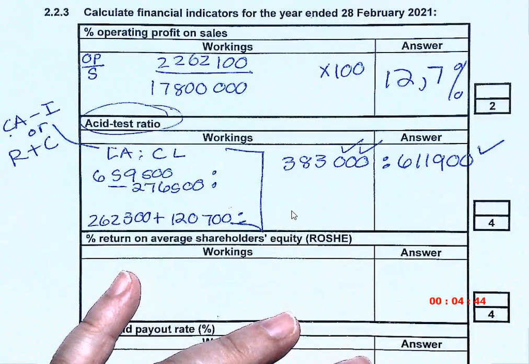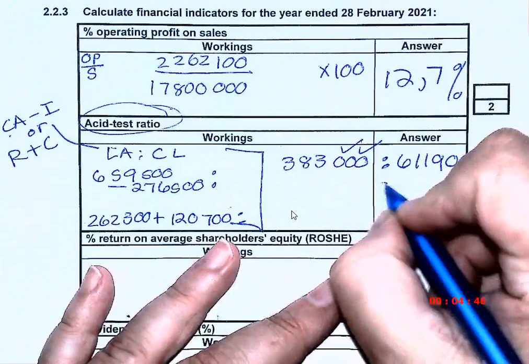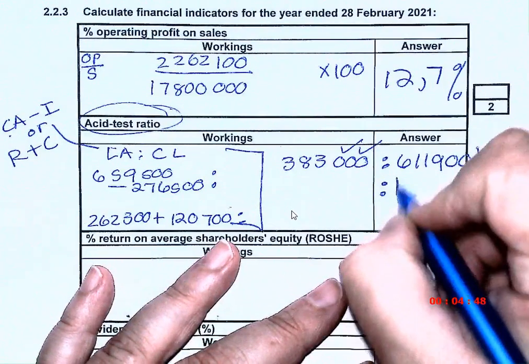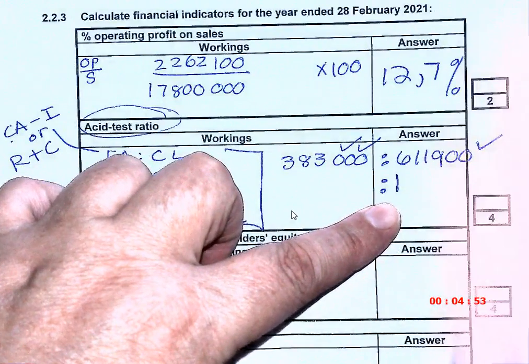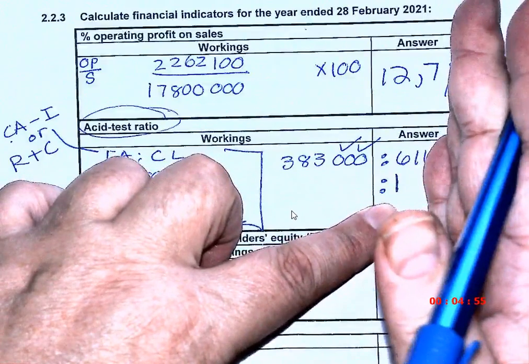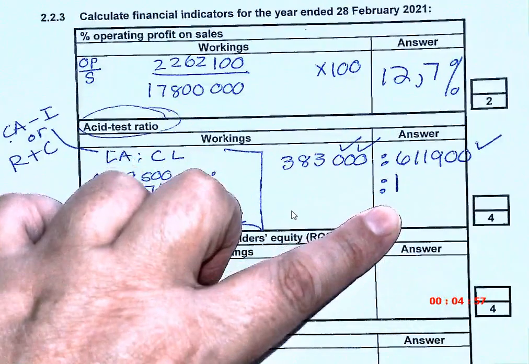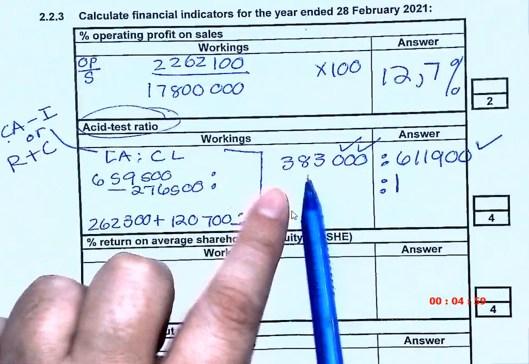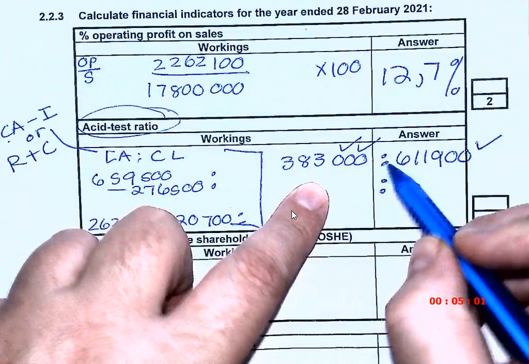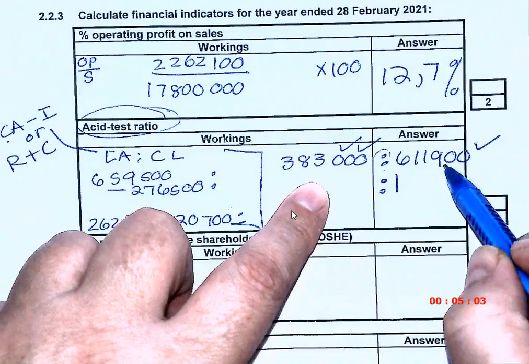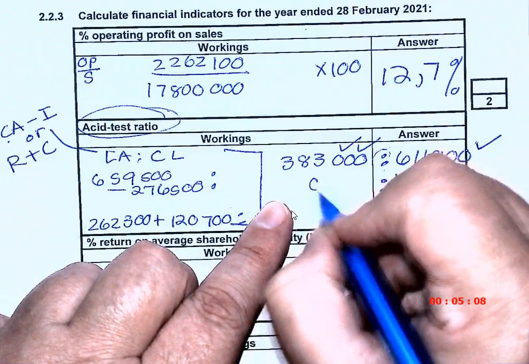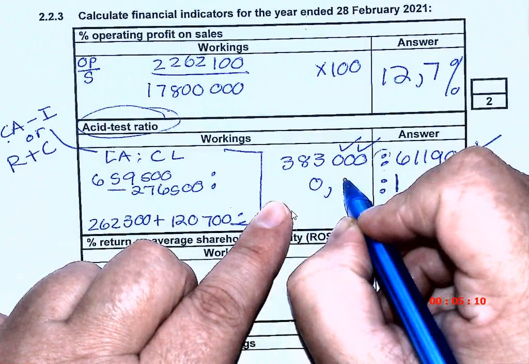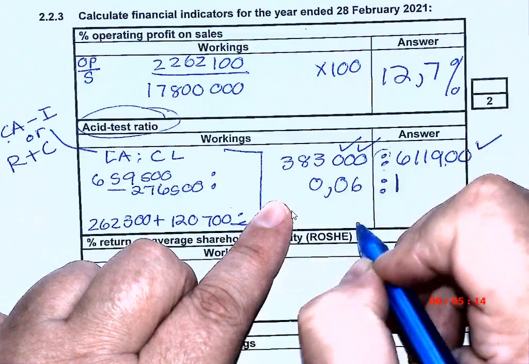Okay. Now, you know, because it's a ratio, you must learn this by heart. It's always something to 1. The 1 will always be on this side. Always. So, now I read 383 divided by 611 gives me 0.63.